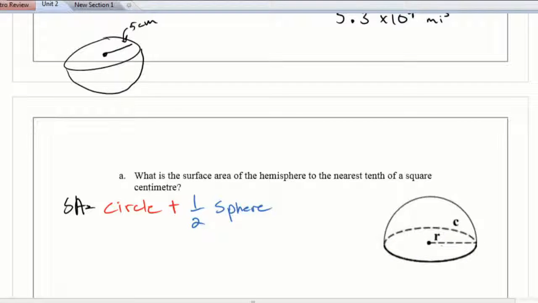So this is where this section gets kind of a bit trickier. The circle, we know the area of a circle. Even if you don't, it's pi r squared. And then I'm going to add to that half a sphere. So I'm going to take 1/2. The surface area of a sphere formula, you maybe recall, is 2 pi r squared.